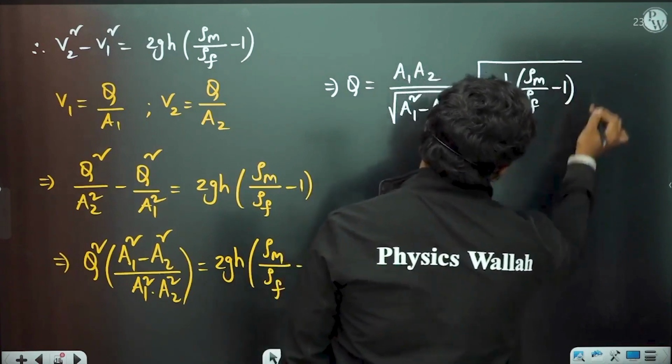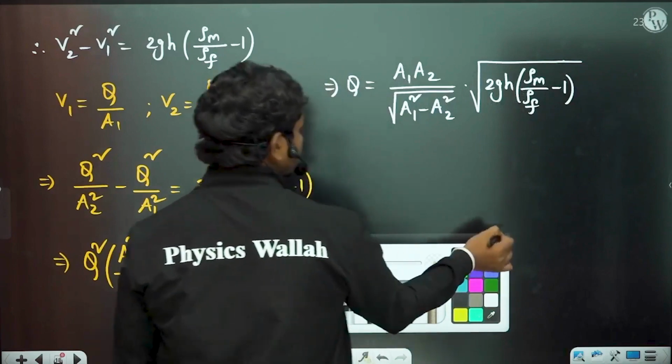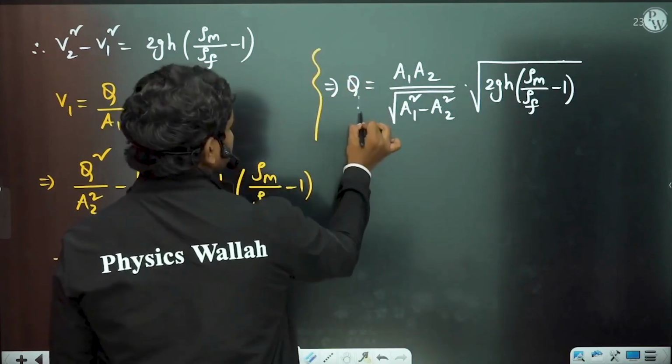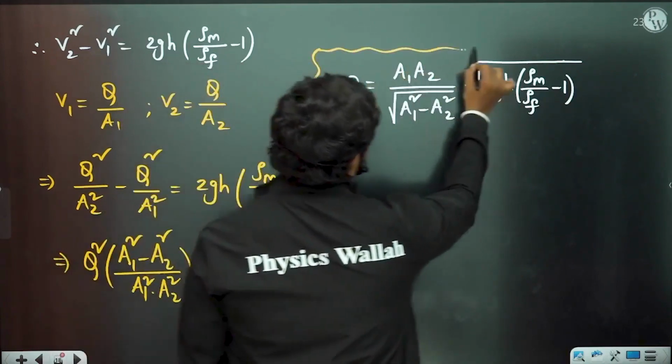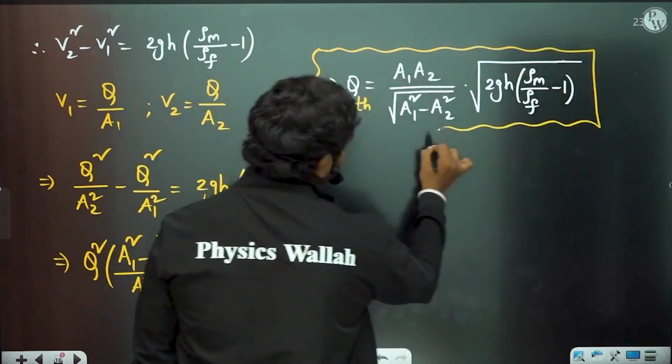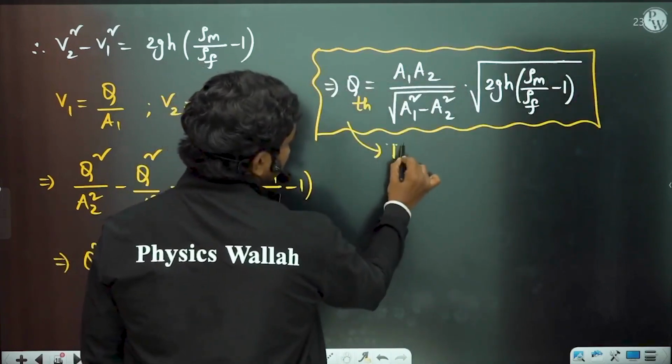So this is what you have. Clear? So this is the theoretical discharge that you have calculated. Whatever discharge you have calculated in this way is basically the theoretical discharge.